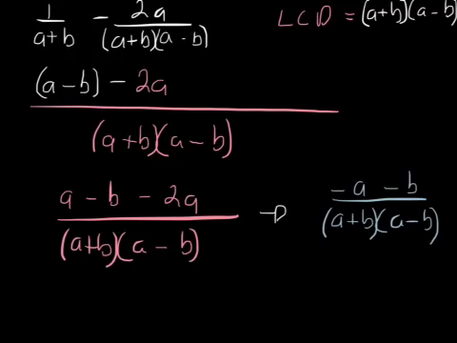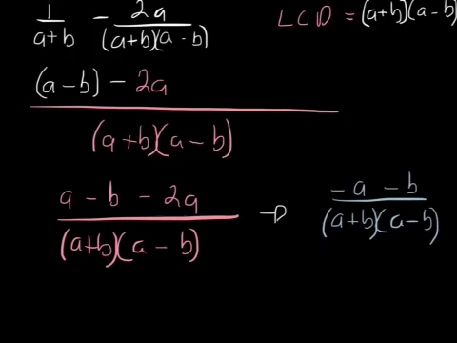What we need to see is that this minus a minus b could give us a common bracket here. The only thing is that's a plus b and that's minus a minus b.